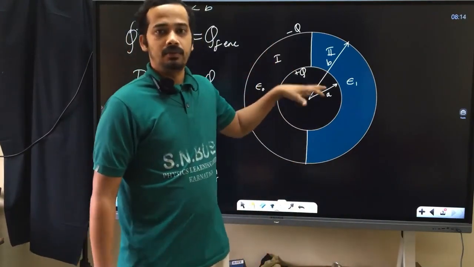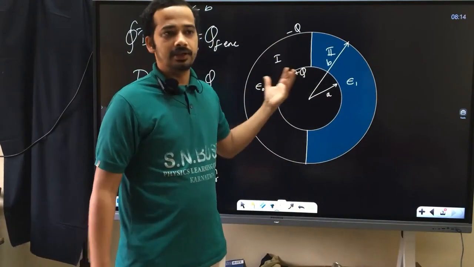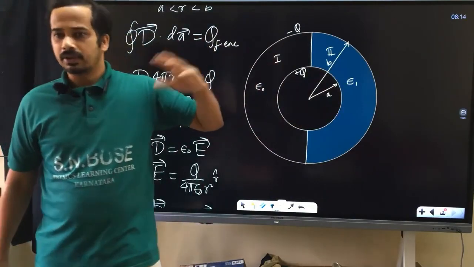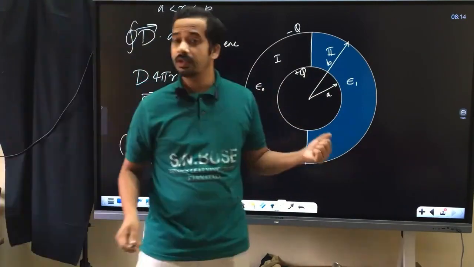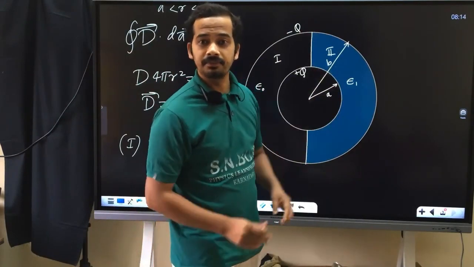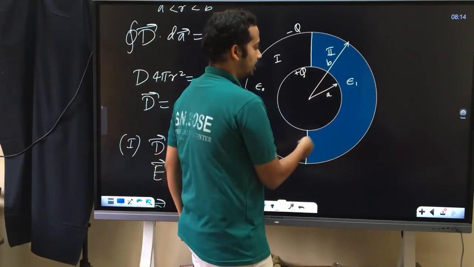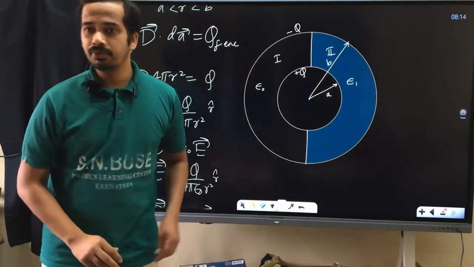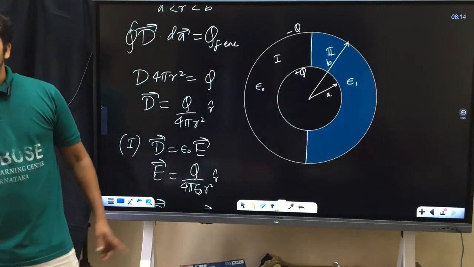Earlier, when there was no dielectric, whatever charge you give to the spherical conducting surface will distribute uniformly. But now there are charges due to polarization. In the dielectric medium you will have some surface charge in this layer as well as in this layer, and they may push those charges. Are you getting my idea?